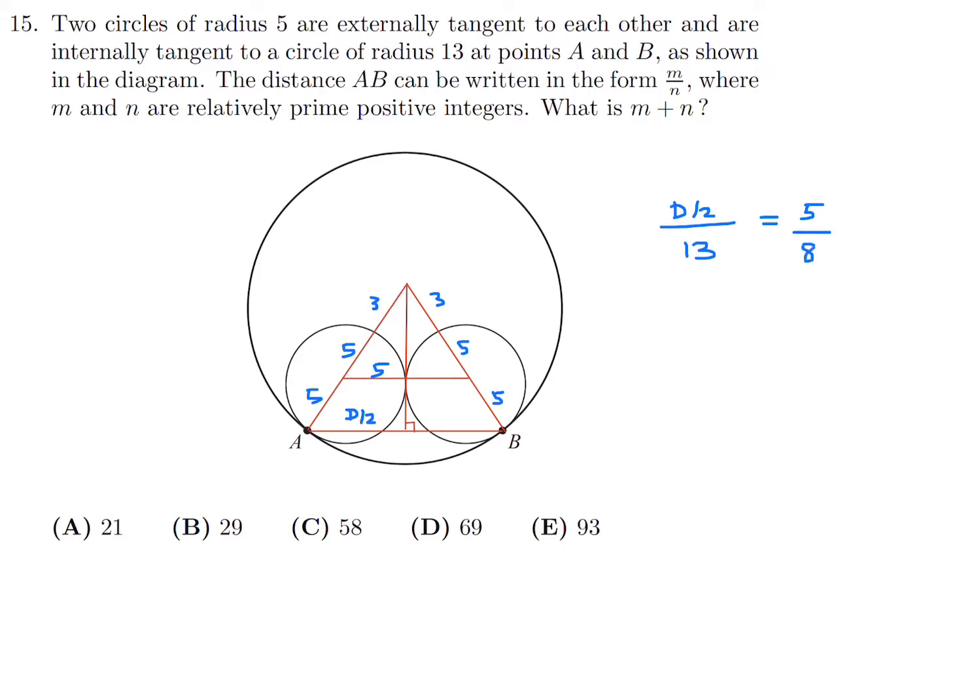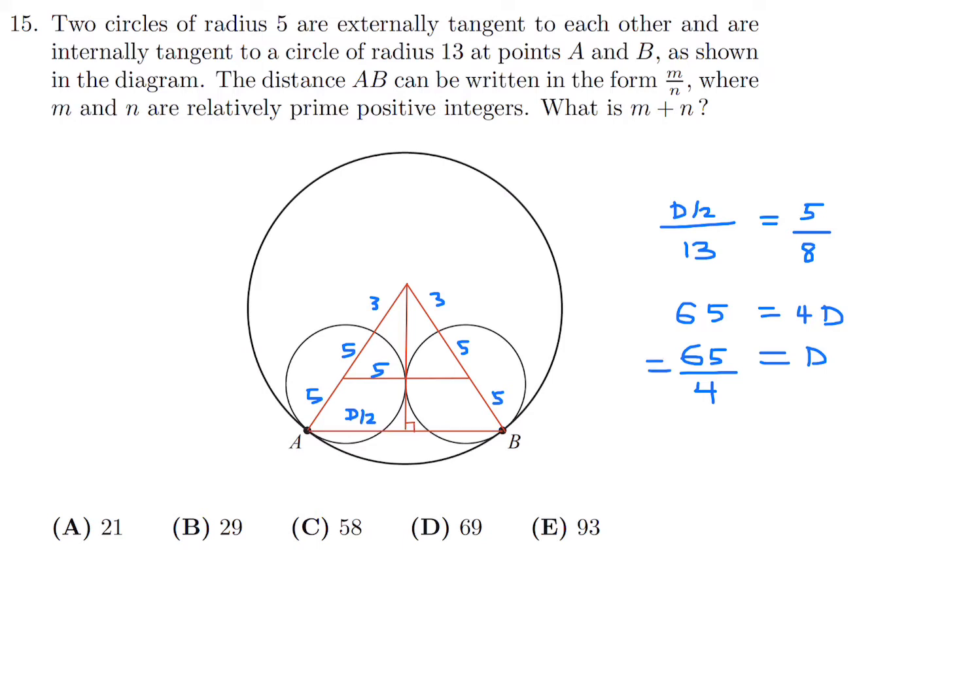All right, that's it. Cross multiply, 13 times 5 is 65. D over 2 times 8 would be 4D, and therefore the distance is 65 over 4, where D represented the distance from A to B.